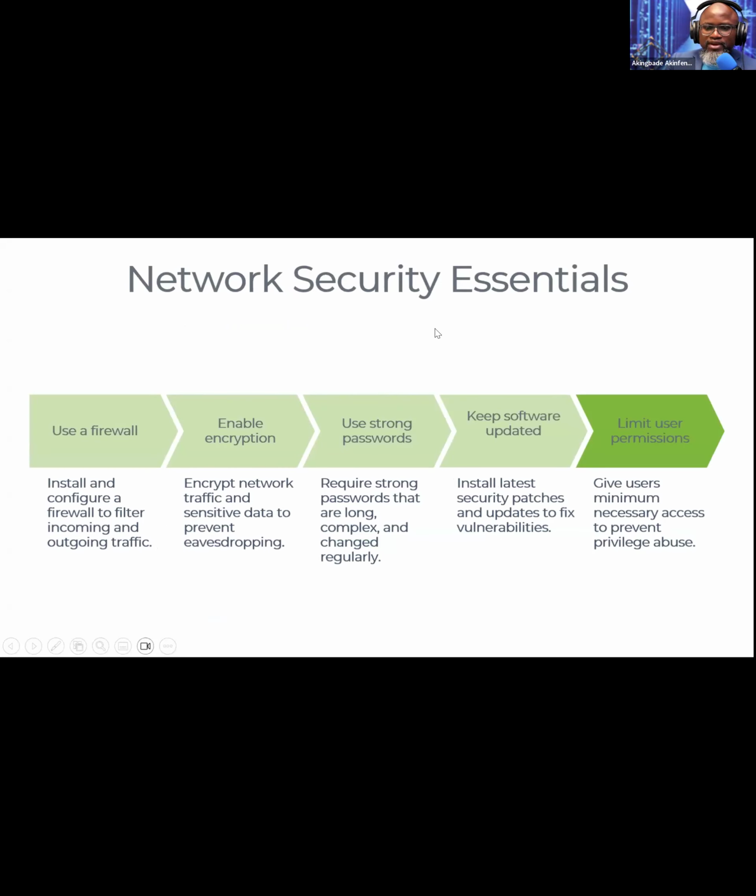Some basic essentials for network security. All of us can agree, let's go to your home. It's fair to say I expect my network provider to have a firewall. I expect that when files are sent in my network, they should be encrypted. I expect my password to be strong.